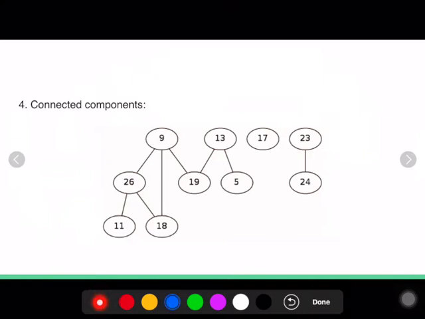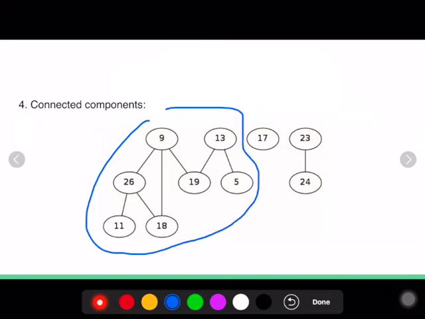So what are connected components? Connected components are basically formed from the subgraphs. If you observe here, this is a separate component, and this is another separate component with only a single vertex, and this is another separate component with two vertices. Within each and every component the vertices are connected.